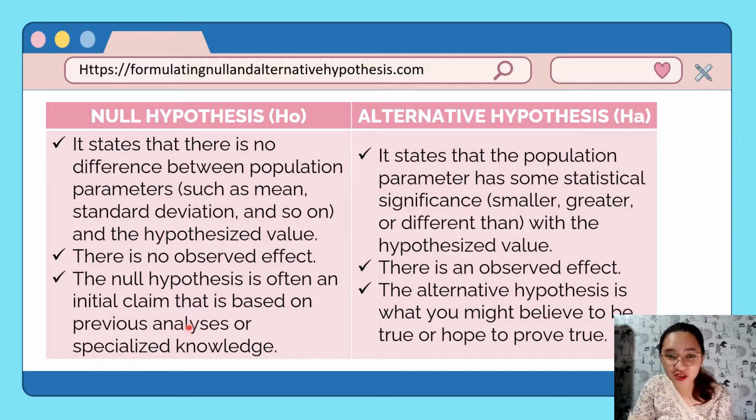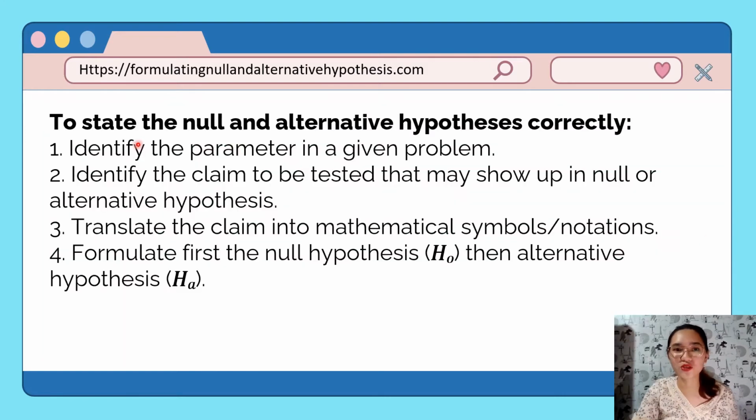And kung matatandaan ninyo, the null hypothesis is your initial claim that is based on previous analysis or previous data or specialized knowledge. While yung alternative hypothesis natin is what you might believe to be true and hope to prove true. Ayan. To state the null and alternative hypothesis correctly, you should first identify the parameter in a given problem.